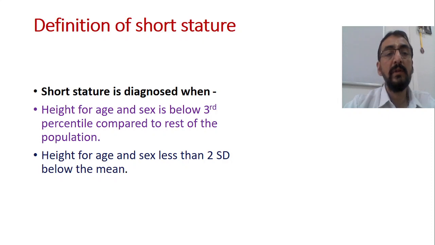If it is below the third percentile, not percent, percentile, compared to the rest of the population, then statistically it is called short stature. Height for the age and sex less than 2 SD below the mean is also called short stature. We shall see this one by one.